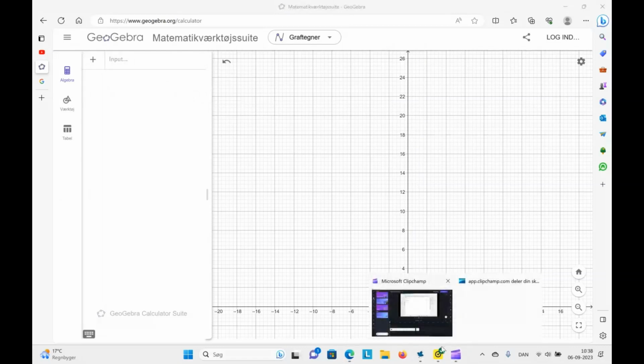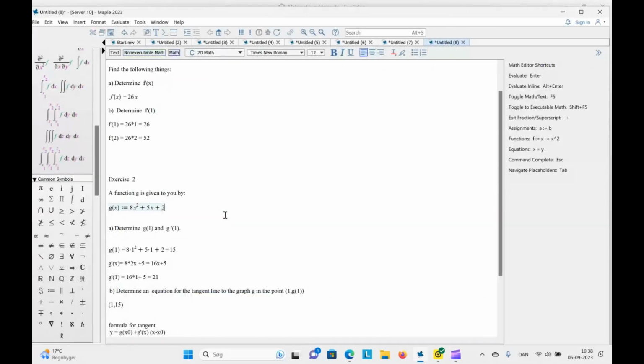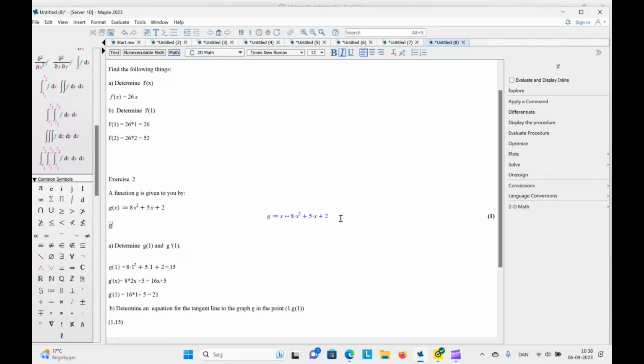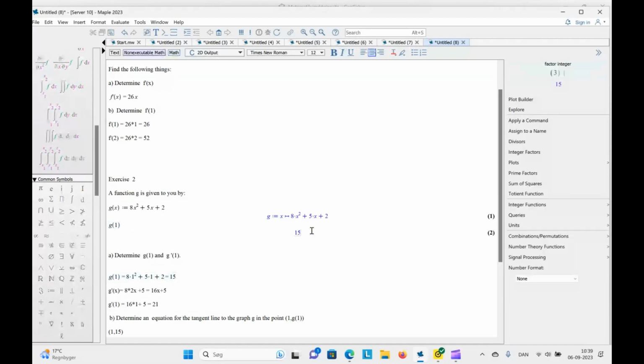So we just do that again, right? In order to test if what we calculated is correct, we define the function by putting semicolon here and press enter. Then we calculate g of x with x equal to 1, sorry, that's 15.